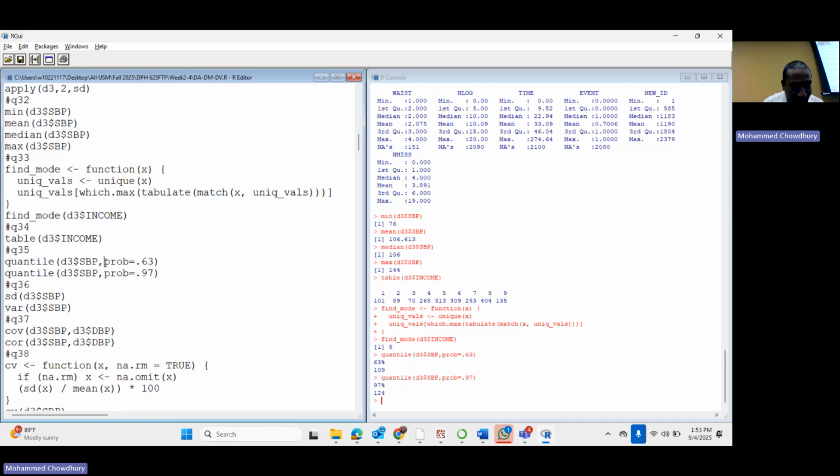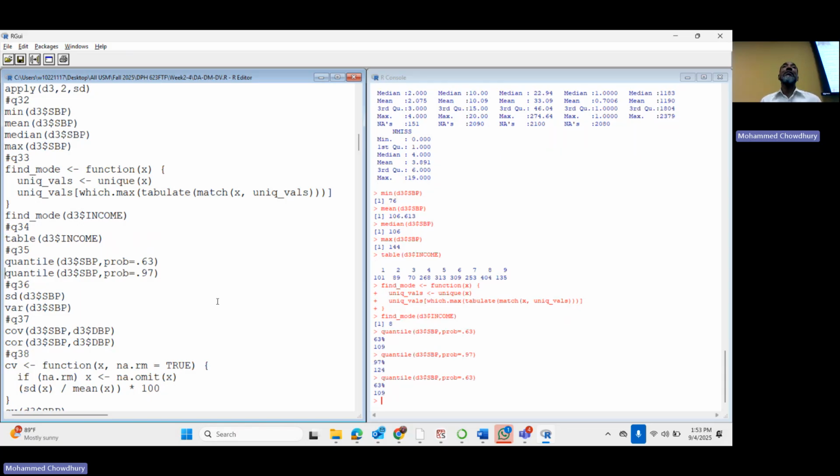Now in the SBP variable, if I arrange the data in ascending order, what will be the 63rd percentile value? That means the value will occupy the 63rd position out of 100 positions.